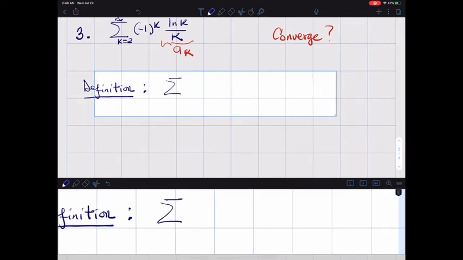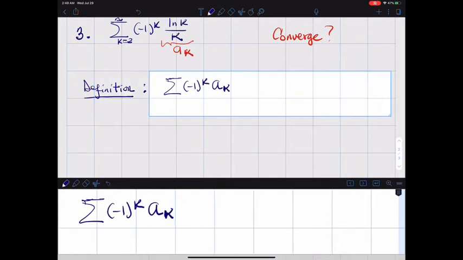Consider the alternating series, summation of (-1) to the power of k, a_k, where each a_k is greater than 0. Every a_k is positive.